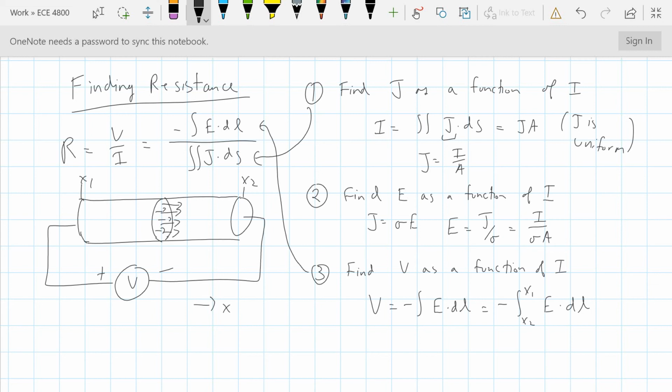Oh, we're going from low potential to high potential. All right, so this simplifies to the integral from x1 to x2 of E dot dl.